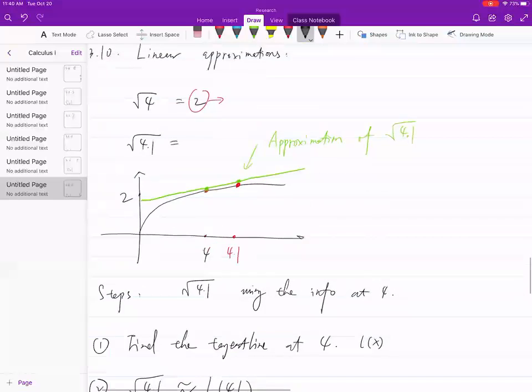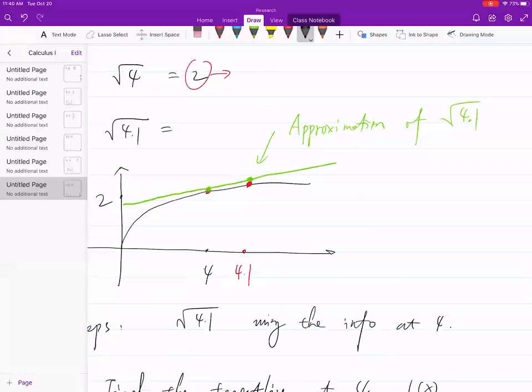Okay. What do we rely on? We rely on the fact that locally, I can replace a function by a line. Everything with a function is hard. Everything with the line is easy. How do I find that line? I use derivatives. Still okay? Is the approximation going to be good? It depends.